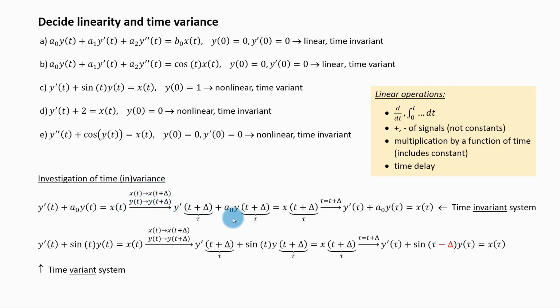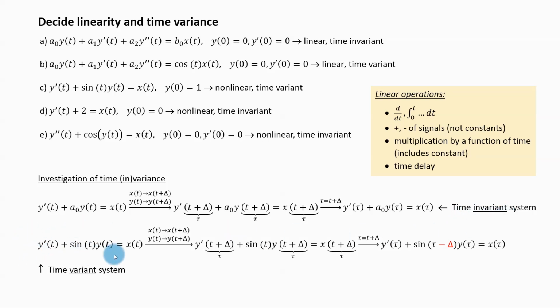I have done that here, and here I will denote this t plus delta as tau, like this and this, and when I make this substitution I will get this differential equation. And note that this differential equation is the same as this differential equation, so even when I time shift my signals, this differential equation holds, so my system is time invariant.